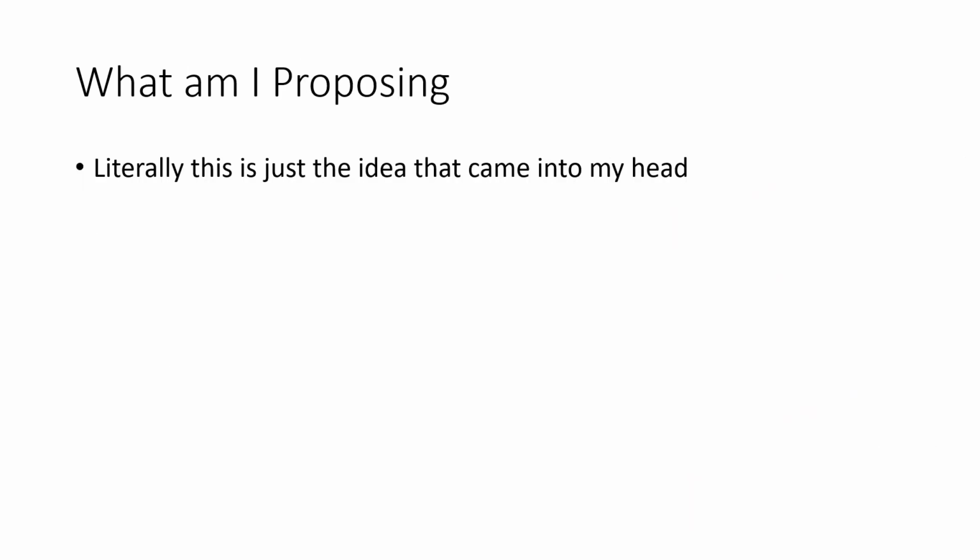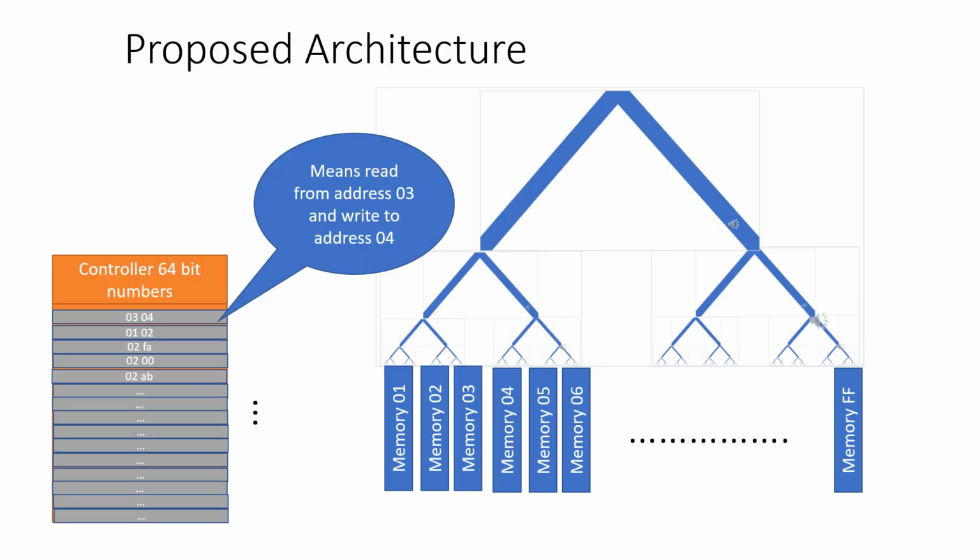So this is just the first iteration. I'm sure that if anyone did anything with this, it would be completely different and virtually unrecognizable. Something like this, okay? So we have basically a binary tree of buses that all lead to a bunch of different memory addresses. And then you just have a controller off to the side.